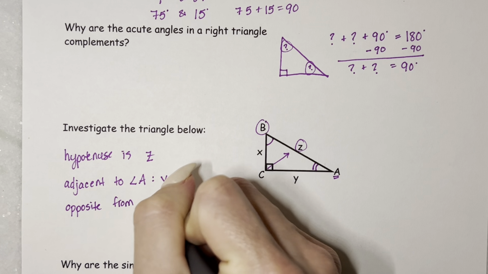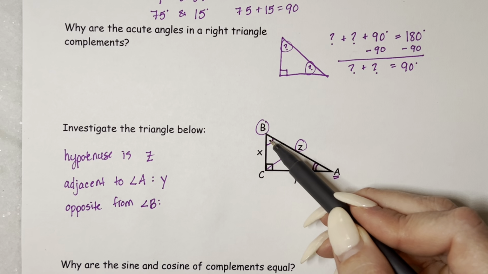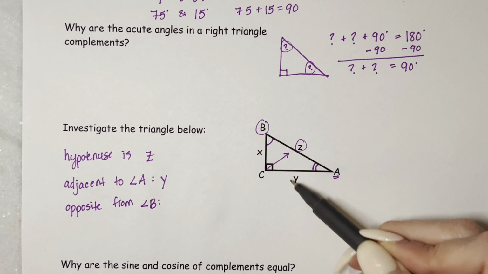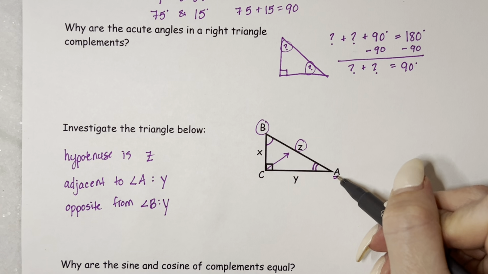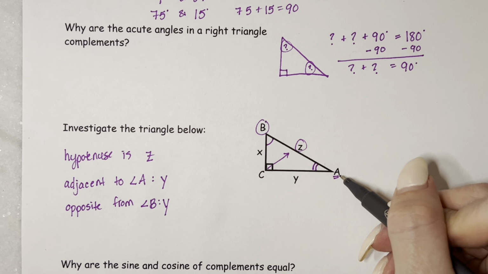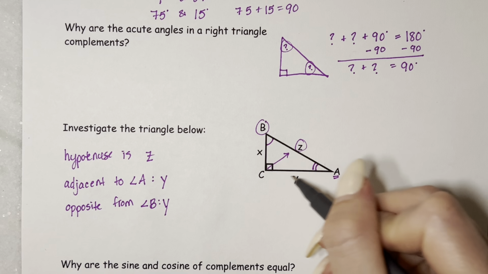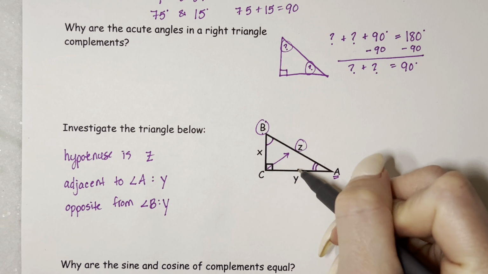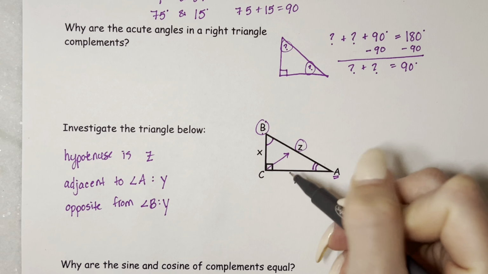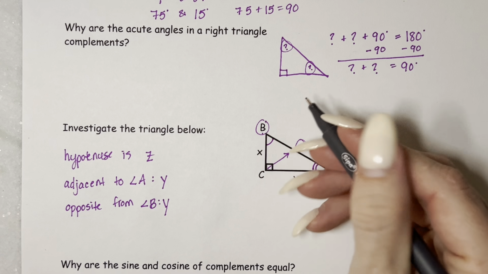So if you were talking about angle B, this angle right here, the opposite side would actually be the same side that was adjacent to angle A. So the side that's adjacent to angle A is side Y, and then the side that's opposite from B is also Y. And you can kind of see that they flip-flop.